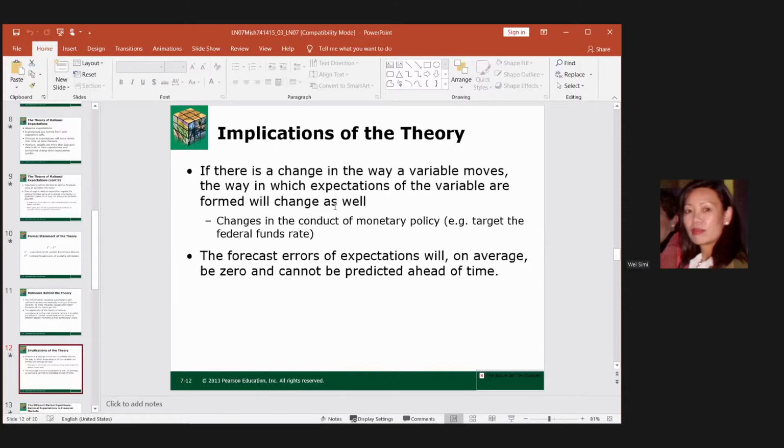Let's say job data is in your optimal forecast model, and the job data changed. Now you are not just thinking about the data going to change. You even think about the method, how to form the model.